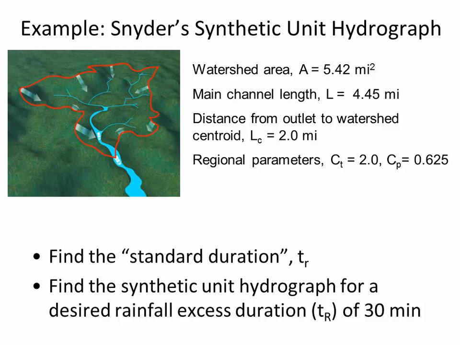That's given in the problem statement. That's what we want to know, how the hydrograph looks like for that duration of storm. So T capital PR is T sub p plus 0.25 times T capital R minus T small r.